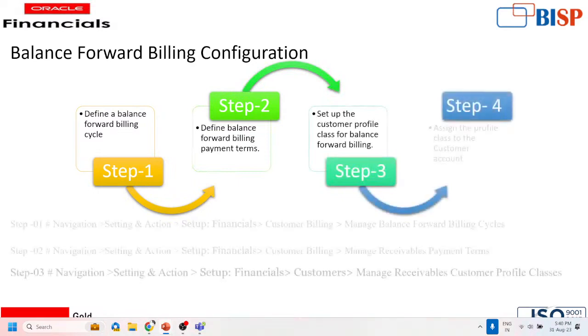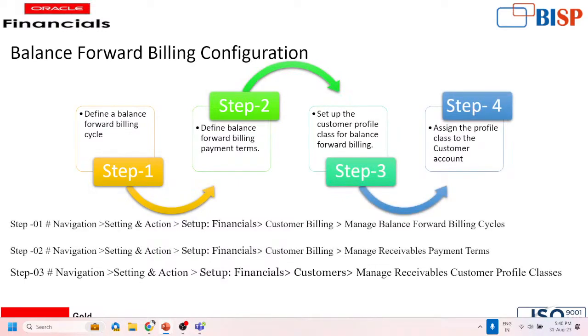So balance forward billing is a method of consolidating the opening transaction belonging to the customer account or customer site into a single bill that you send on regular basis instead of sending a separate invoice for each individual transaction, right? So that is, you can say balance forwarding, BFB, or consolidated billing, right?